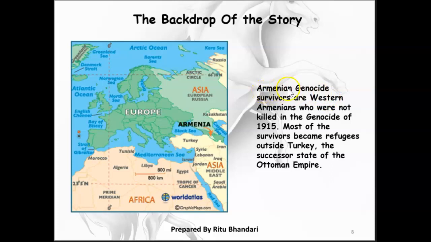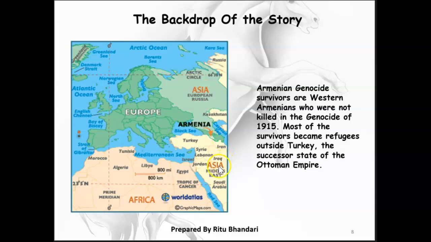So Armenian genocide survivors, that means someone wanted the Armenians dead, the whole lot of them. So out of those, there were some survivors. And the Armenian genocide survivors are Western Armenians who were not killed in the genocide of 1915. You can see the situation here.